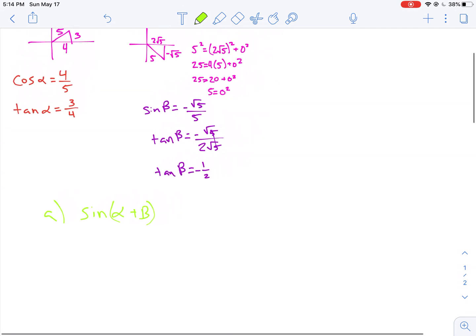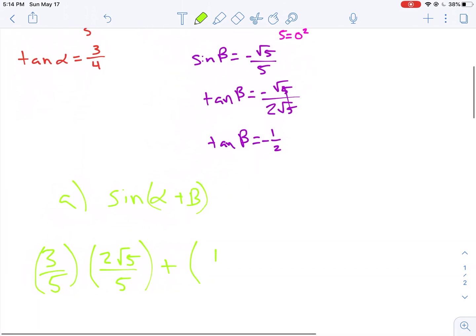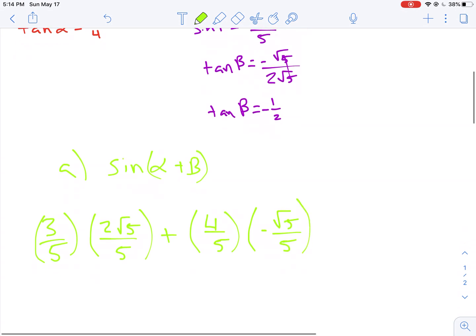So we've got the sine of alpha, which is 3/5, times the cosine of beta, which is 2 root 5 over 5, plus the cosine of alpha, which is 4 over 5, times the sine of beta, which is negative root 5 over 5. And again, this is plug and chug into that formula.